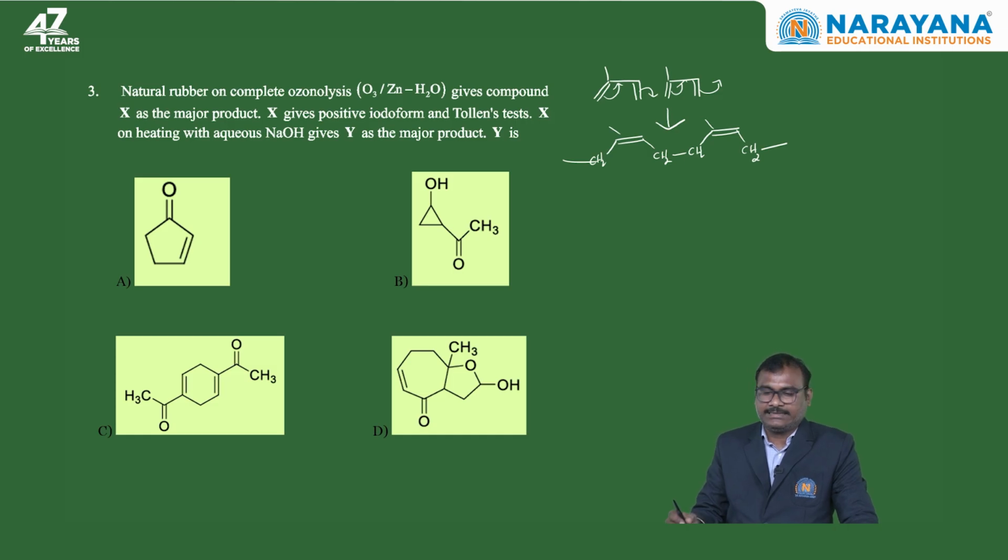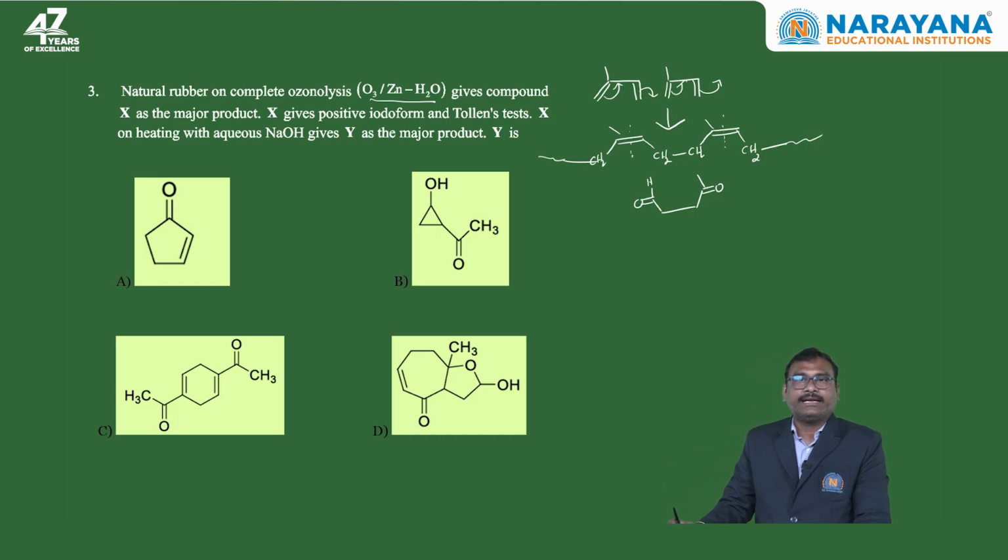ozonolysis, which on reductive ozonolysis, because the reagent ozone, zinc, H2O is a reductive ozonolysis, we are getting that compound. Actually, this is the technique by which they identified isoprene as the monomer for natural rubber.